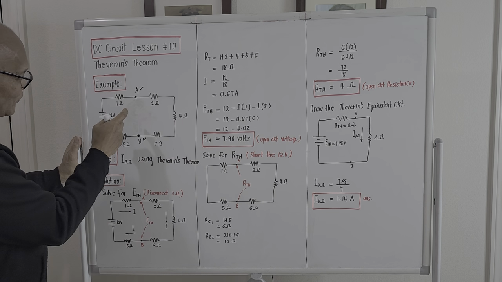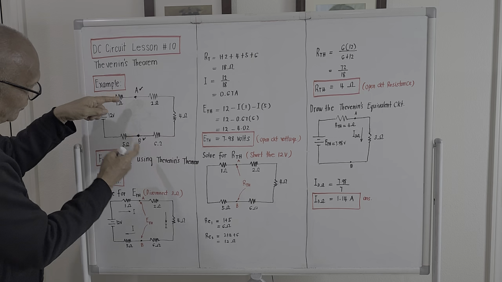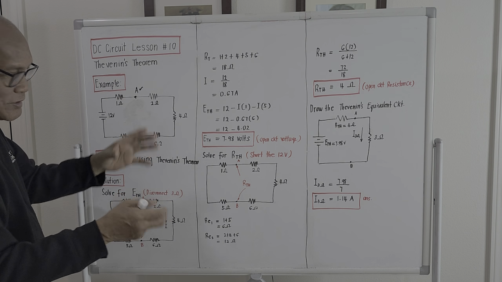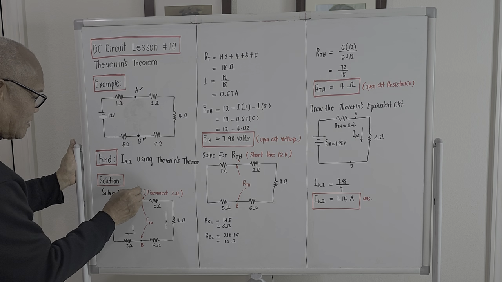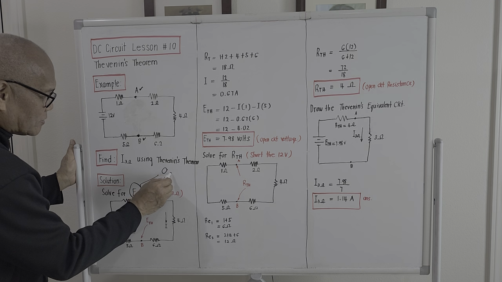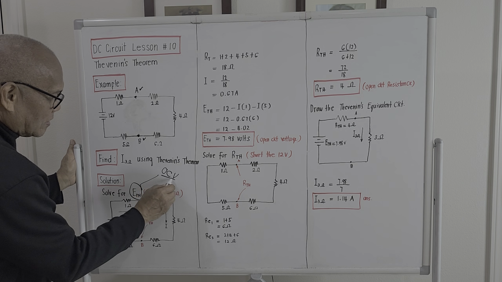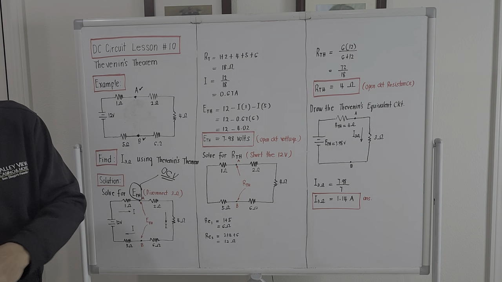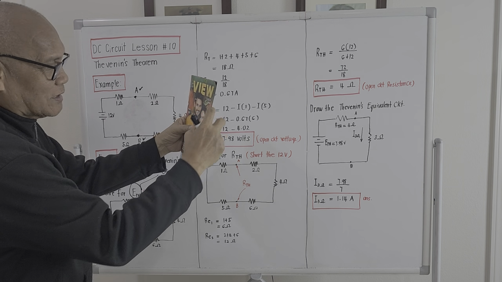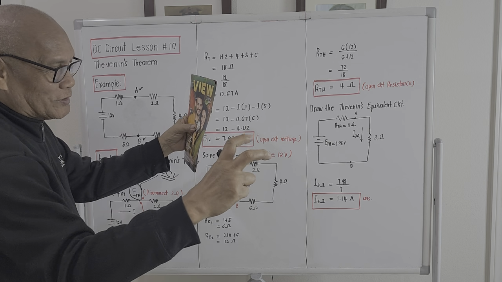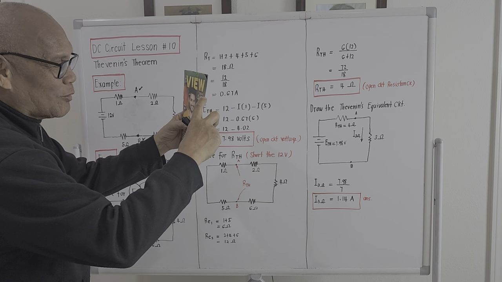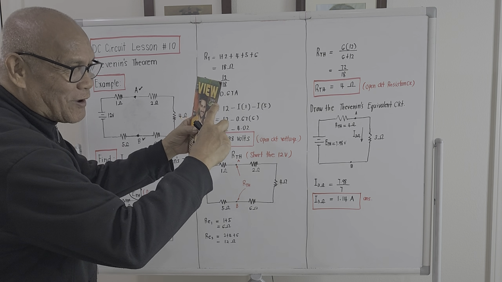So to compute for the voltage across this one, because the number one step here is actually to compute for ETH. ETH is the open circuit voltage. Like what I said, if this is the active network, if there are 2 terminals coming out here, and we try to measure the voltage across this by using a voltmeter, what is supposed to be the voltage that will come out?